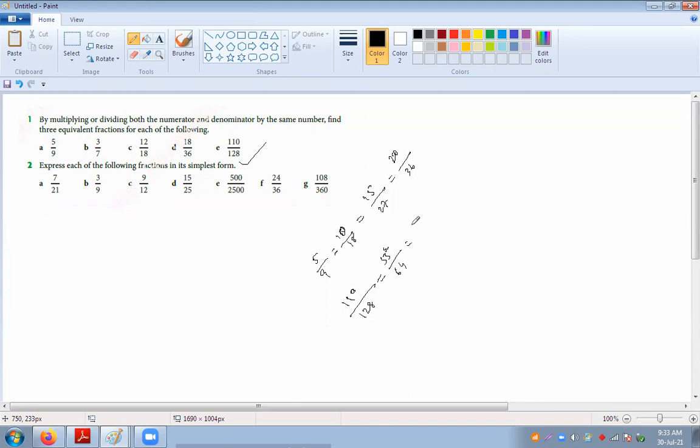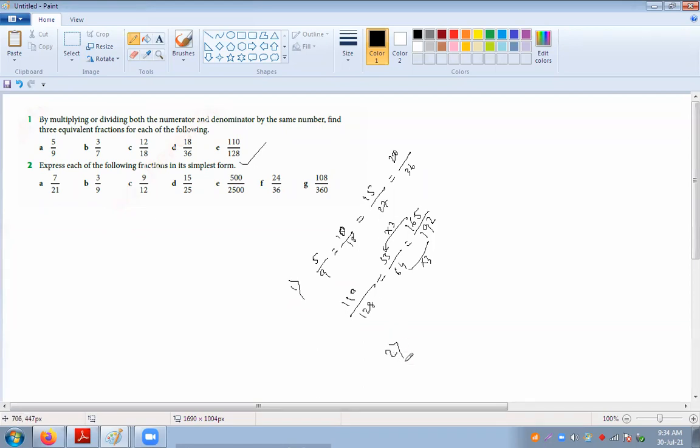Again, we will multiply 55 by 3, that is 165, and 64 also multiplied by 3, that is 192. These will all be equivalent fractions.